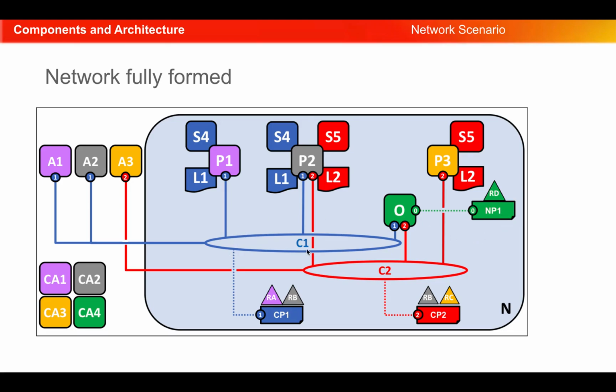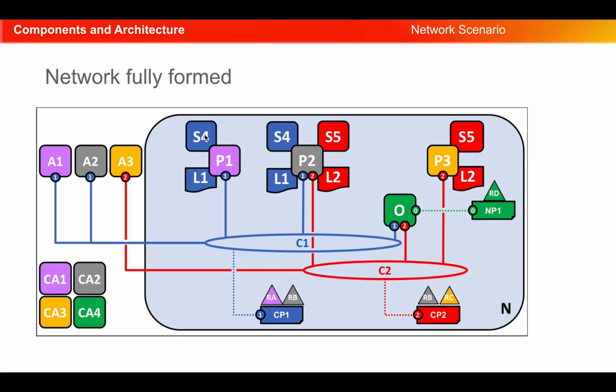As you can see here, the channel C1 has two peers, which is P1 and P2, because the consortium formed by RA and RB has formed the channel C1, and it has connected to P1 and P2, and applications A1 and A2 can connect to this channel C1, and it can execute the smart contract, and that particular ledger you can see in L1.